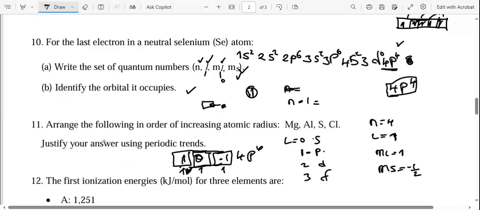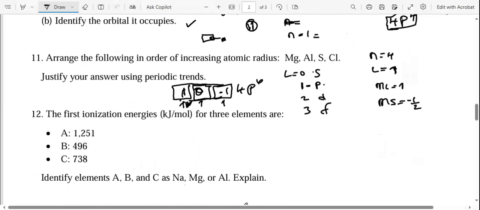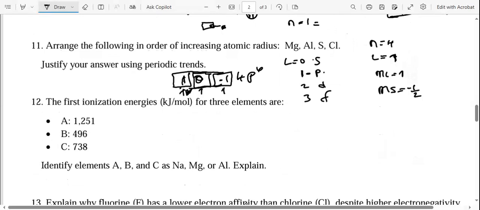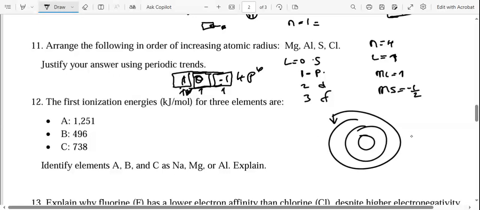So number 10, number 11. Arrange the following in order of increasing atomic radius. So if you check on the periodic table, as you go down, the radius increases because you are adding more shells. Then as you go to your right, you are adding more electrons, and it shrinks because the effective nuclear charge gets bigger.